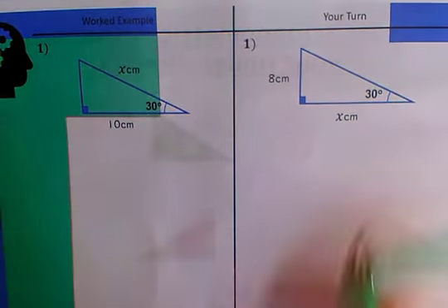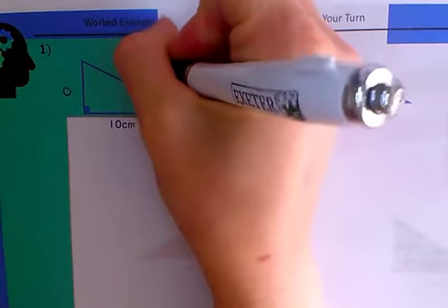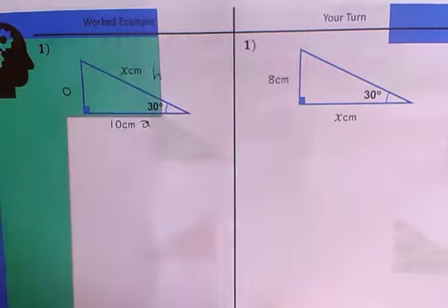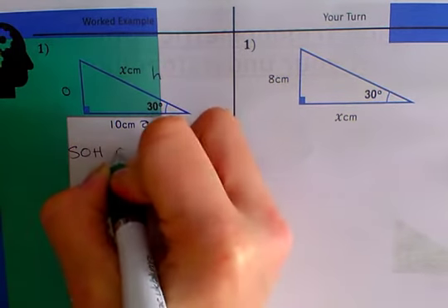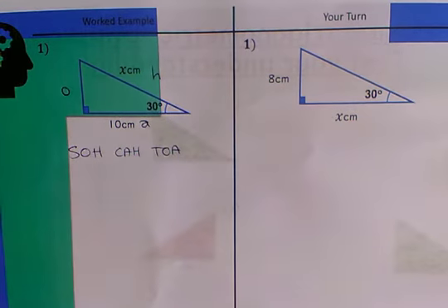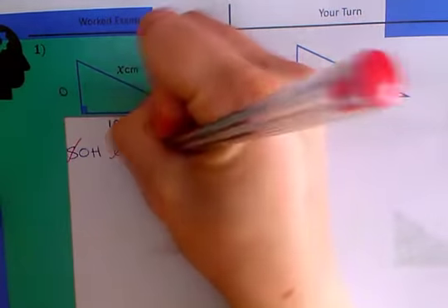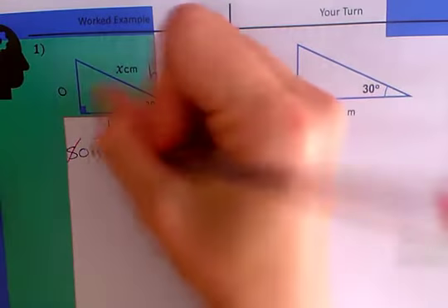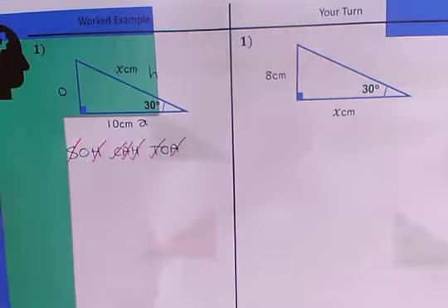So as always, first thing we do is label the sides. So we've got opposite, the angle, the hypotenuse and the adjacent is here, and then I'm going to write down SOHCAHTOA, tick off what I know. I know the angle, so I can tick off sine, cos and tan. I know the adjacent, so I can tick off the adjacent there, and I am looking for the hypotenuse, so I can tick off h.